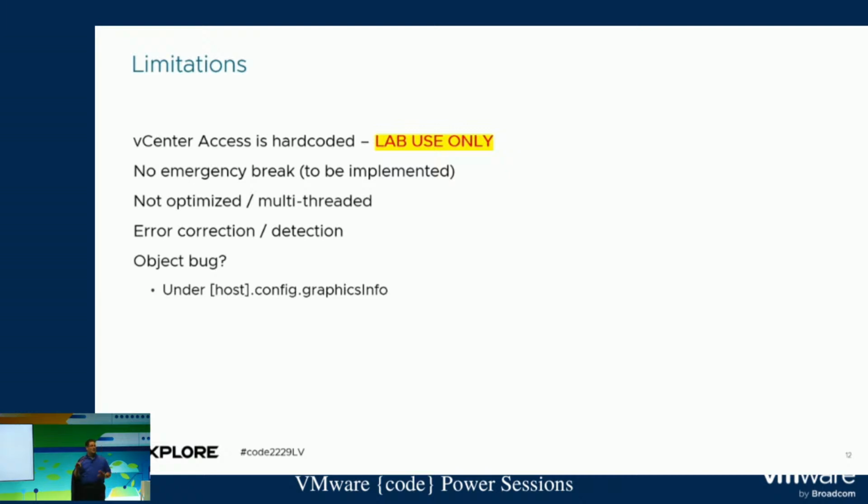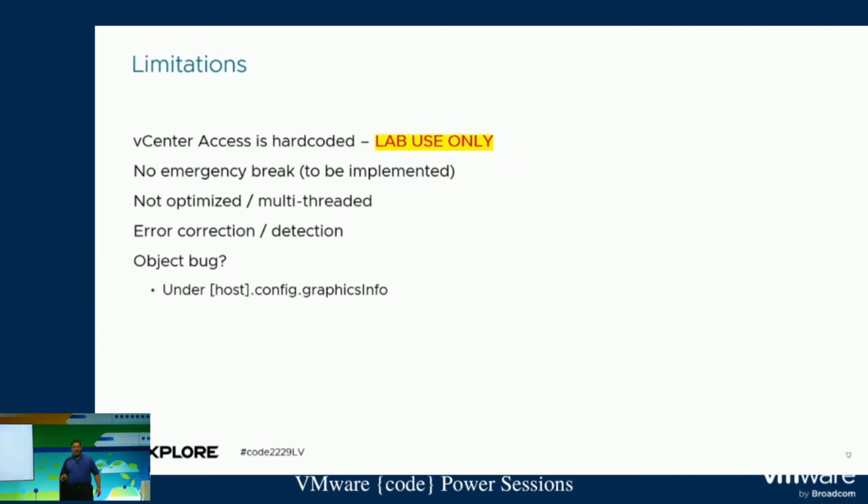Inside of the vSphere environment, you obviously have your clusters, your hosts, all your virtual machines, and inside of your physical host, you have your physical GPUs. Those are all objects you can work with. The GPUs actually have an option so that you can see what virtual machines are running on them. I use that extensively in my code.